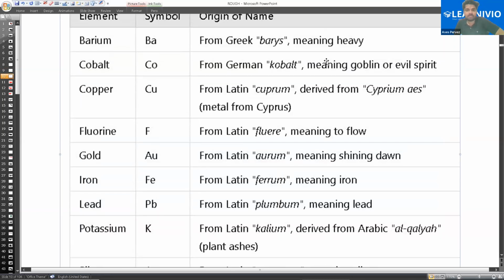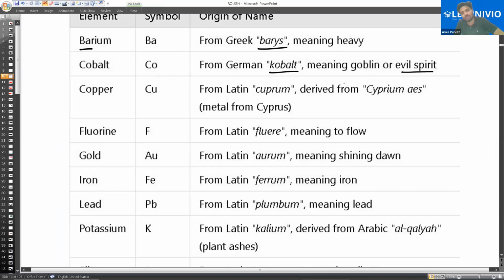Barium's symbol is Ba, which is similar to the first two letters of its English name. But barium's Greek word is barys, meaning heavy. Cobalt comes from the German word kobold, meaning goblin or evil spirit.